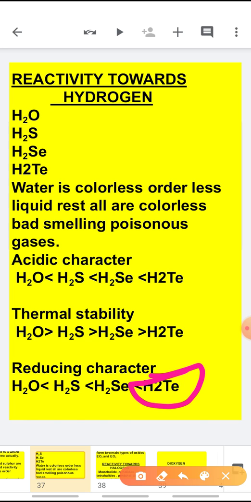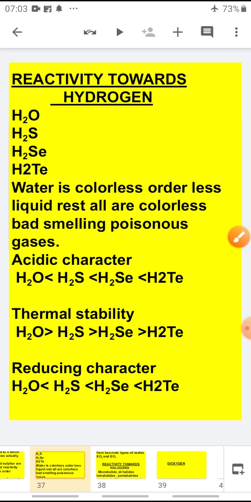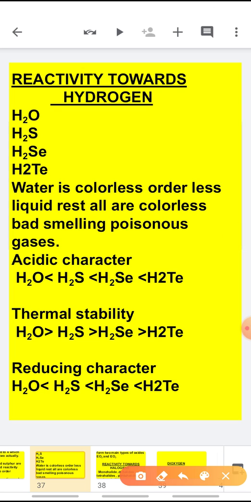Why? Because the bond length is more between selenium and hydrogen, and more bond length means lesser bond strength, so it can easily give hydrogen and is a better reducing agent.